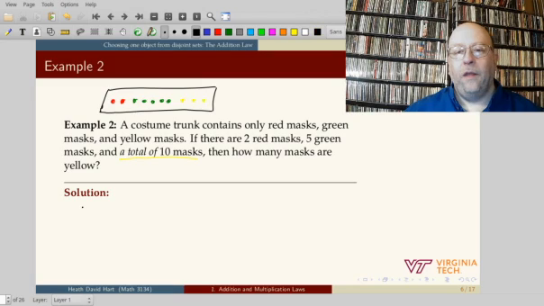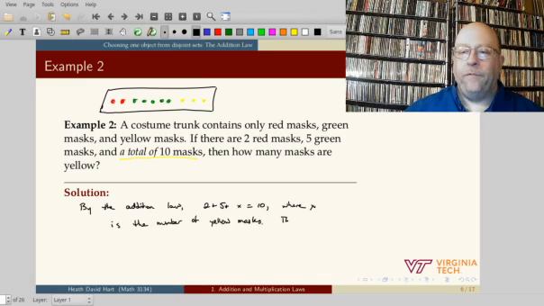That is, by the addition law, 2 plus 5 plus x is equal to 10, where x is the number of yellow masks. And therefore, there are 3 yellow masks.